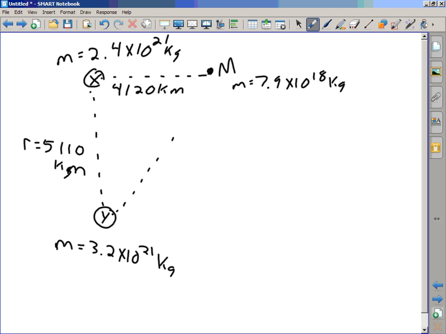Let me go ahead and help you out here by drawing that in and pointing out that this is going to be a right angle there. Find for me, if you will, the net gravitational force on the moon.